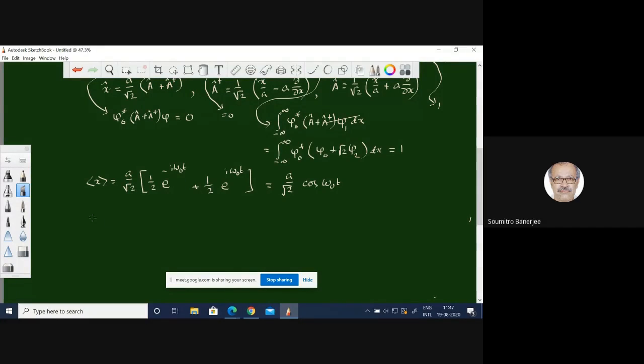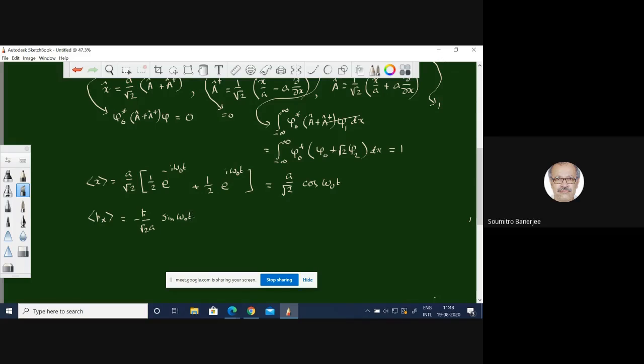And if you do the same calculation for p_x, then you will find that it also oscillates in the same way, and you will ultimately end up with the conclusion that this oscillates like this. Sine.